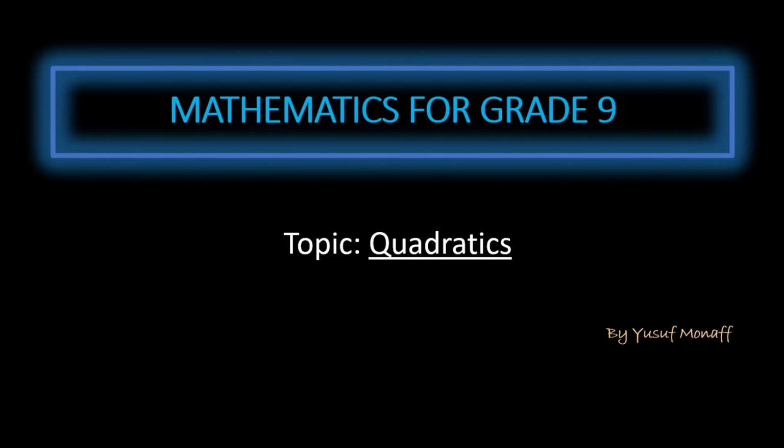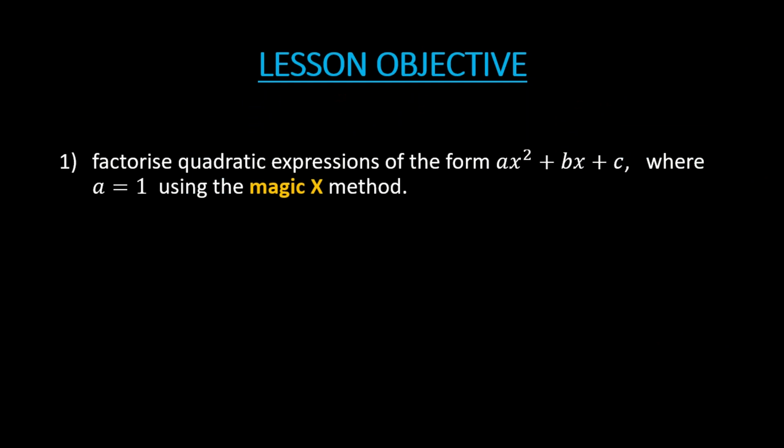Today we are going to continue with the same topic, which is quadratics, and in this lesson we are going to learn how to factorize quadratic expressions of the form ax squared plus bx plus c, where a is 1 of course, using the magic x method.